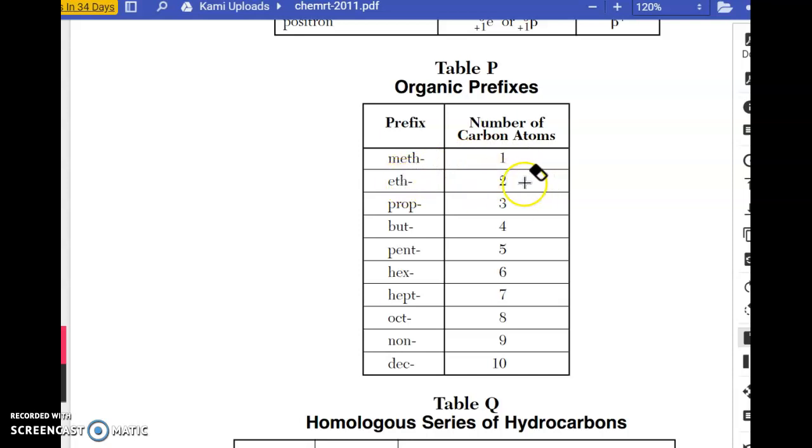If you have 2 carbons in it, then it's going to have the prefix eth, so it would be like ethane.